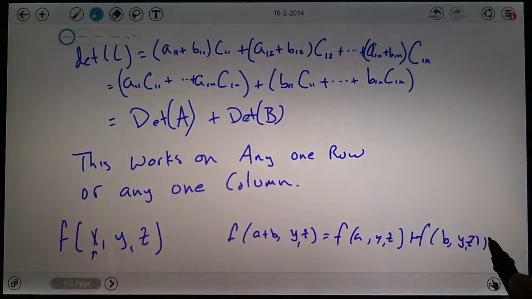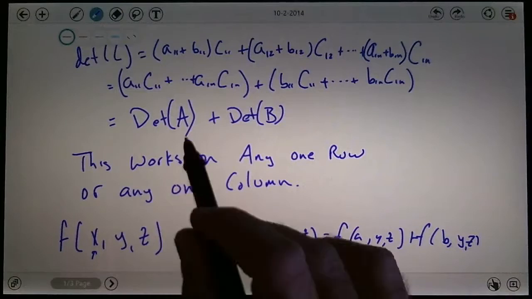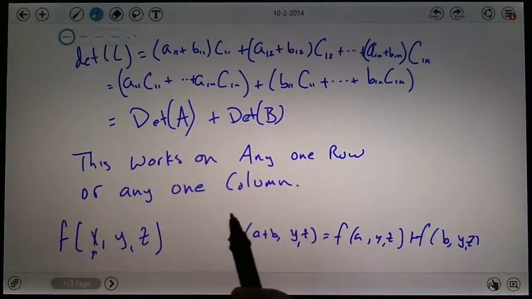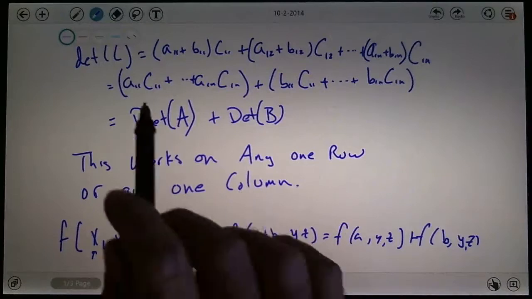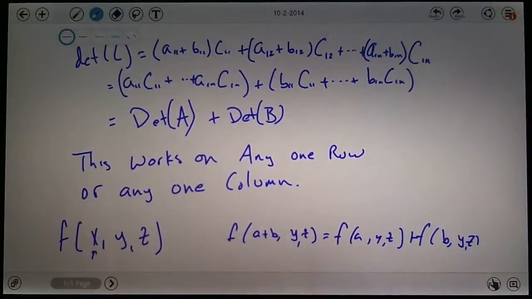That is, you keep most of the variables the same here, here, and here, but you can add them up in just one location. And if that's true for any one of the variable slots here, then this would be what's called a three-linear form. The determinant is what's called an n-linear form because there's n rows, each one of them having this property. Something you'll get to in a more advanced linear algebra course, but this is the first idea that you see of that notion.